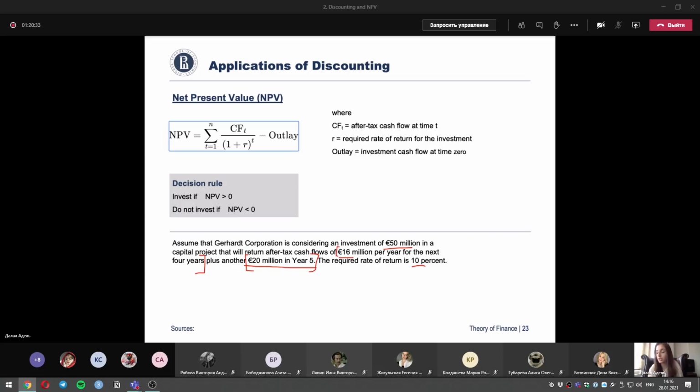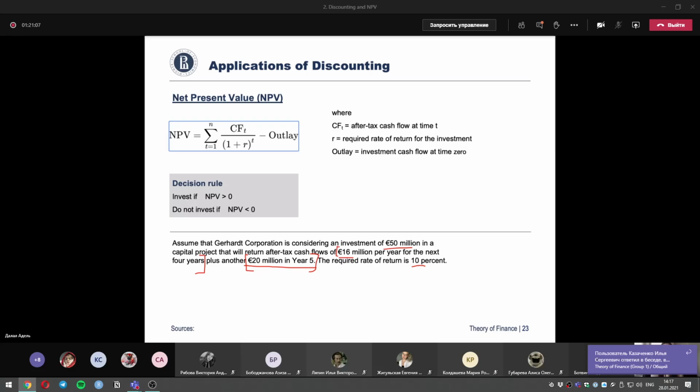Just a bit more time for you to complete, and then we'll check. NPV is not just about whether to invest or not.